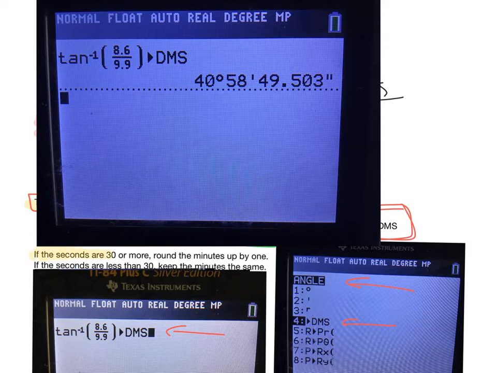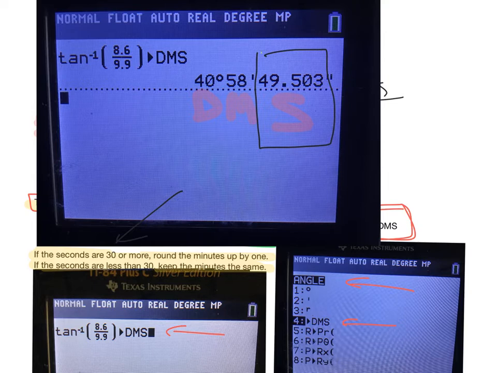The rule for rounding is as follows. We have degrees, minutes, and seconds. What you're going to do is look at the seconds. If the seconds are 30 or more, round the minutes up by 1.